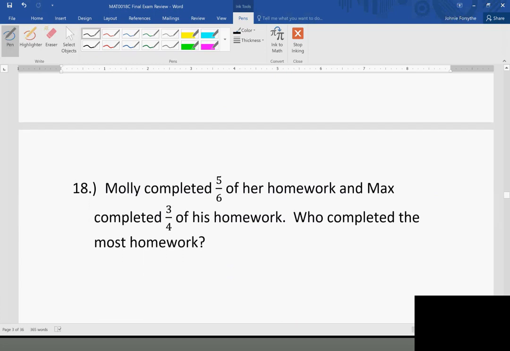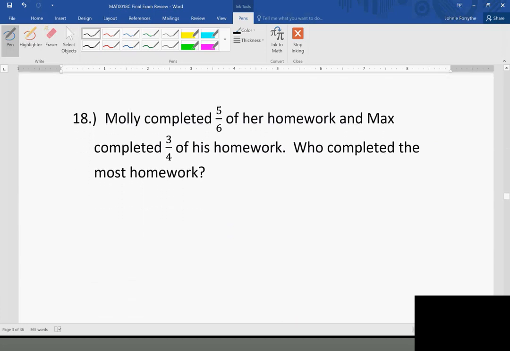All right, 18. Molly completed 5/6 of her homework, and Max completed 3/4 of his homework. Who completed the most homework? So we're comparing fractions, and the best way to do that is to create equivalent fractions that have a common denominator. So we want to get the least common denominator between 6 and 4.